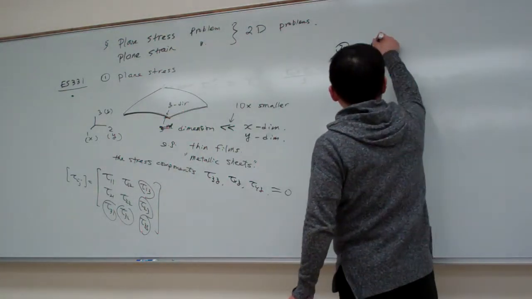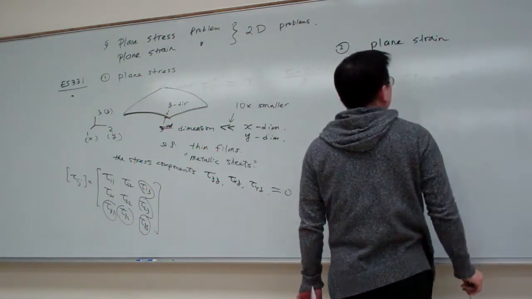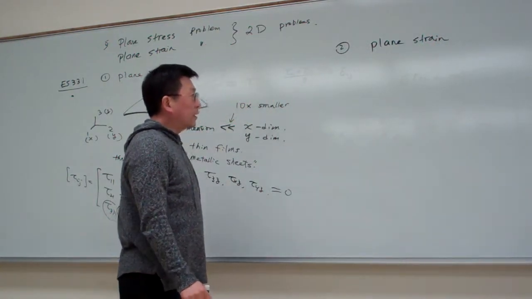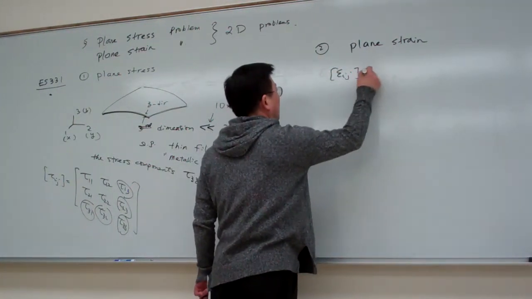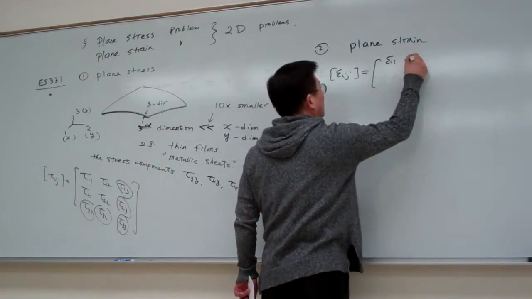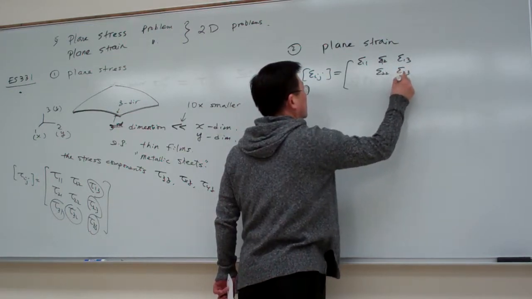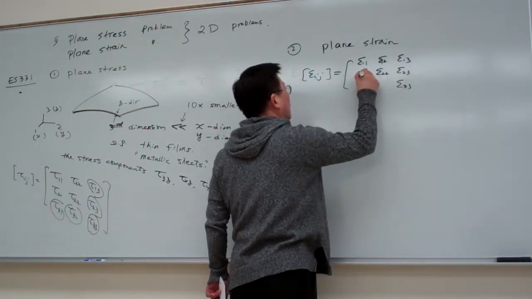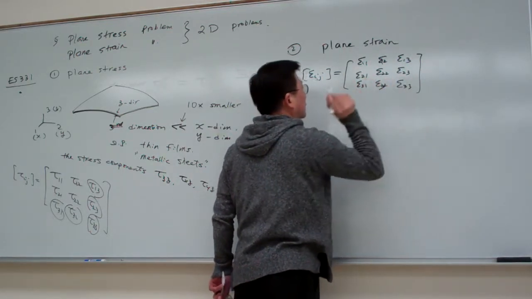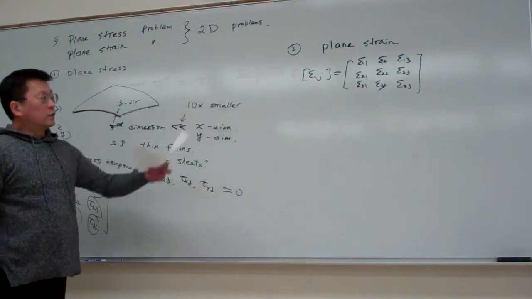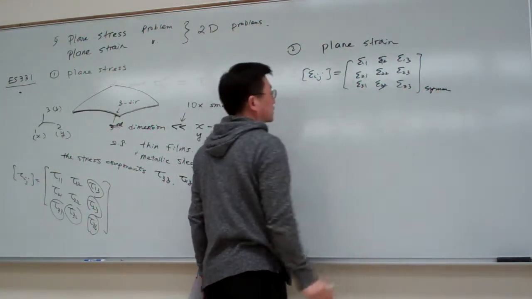Then the plane strain is in a similar way. For the strain element, epsilon 11, 12, 13, 22, 23, 33, and 21, 31, 32. Usually we have the symmetric 6 elements.